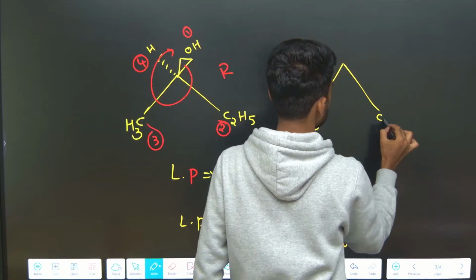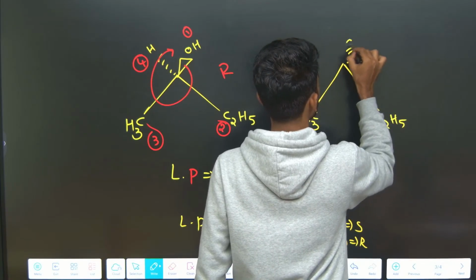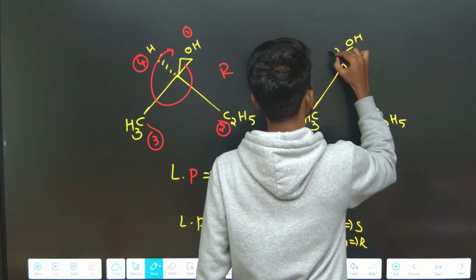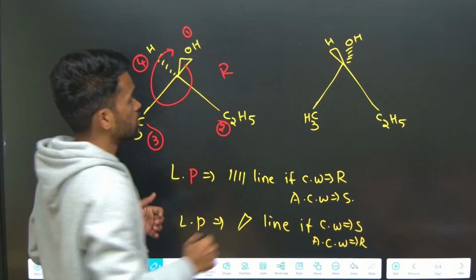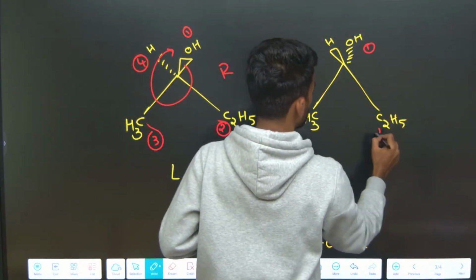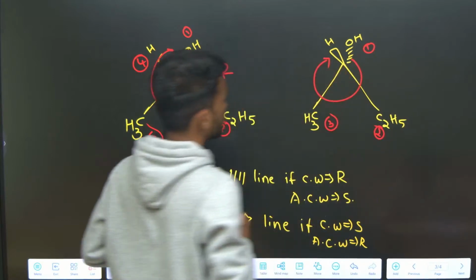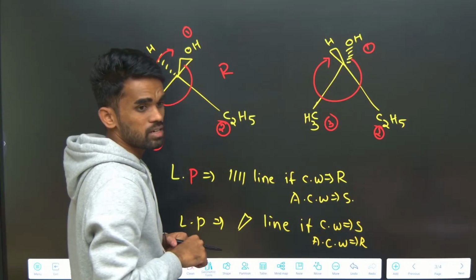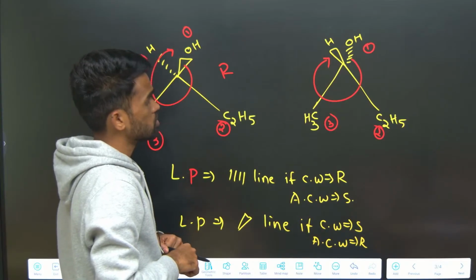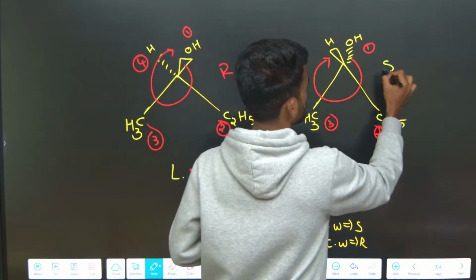CH3, C2H5, OH, H. Tell me here. Anti-clockwise, so 1, 2, 3. Clockwise rotation is there, but the least priority is on the solid line. It becomes opposite. It means it is S.